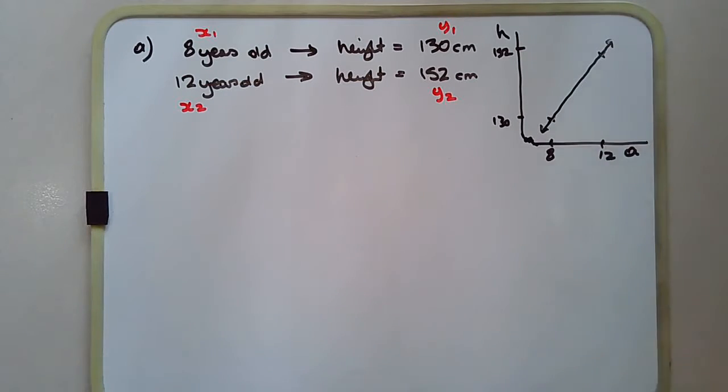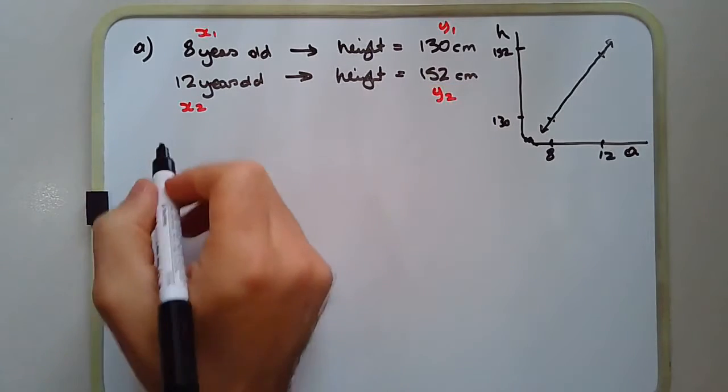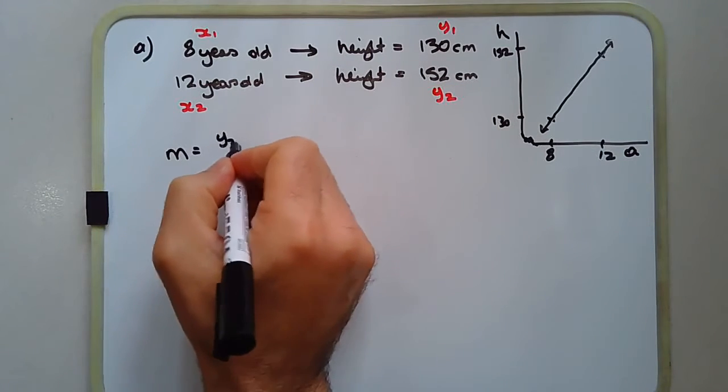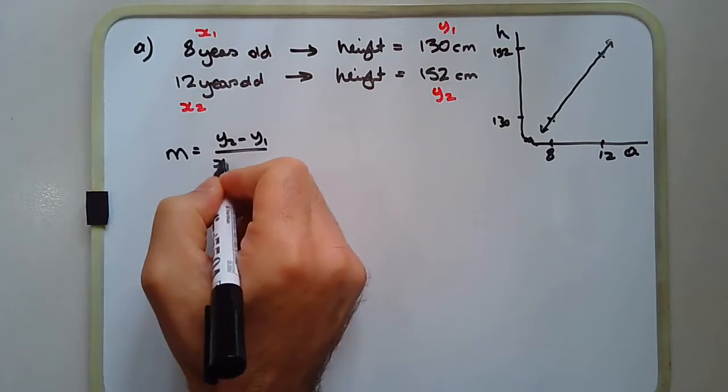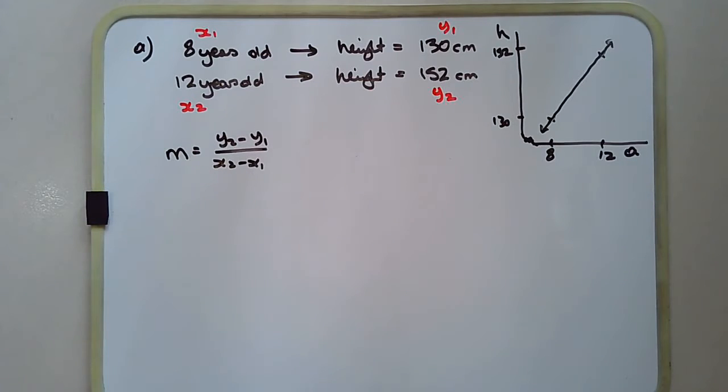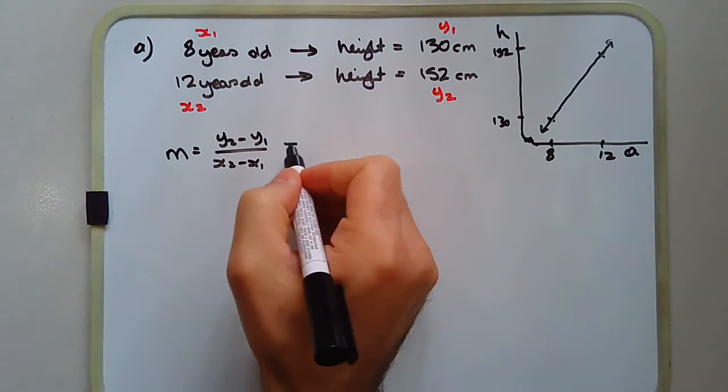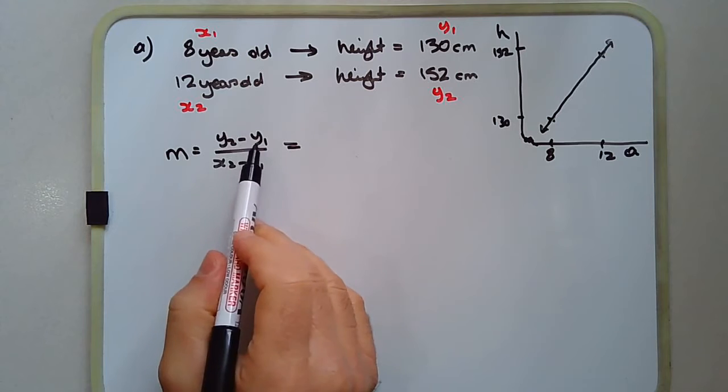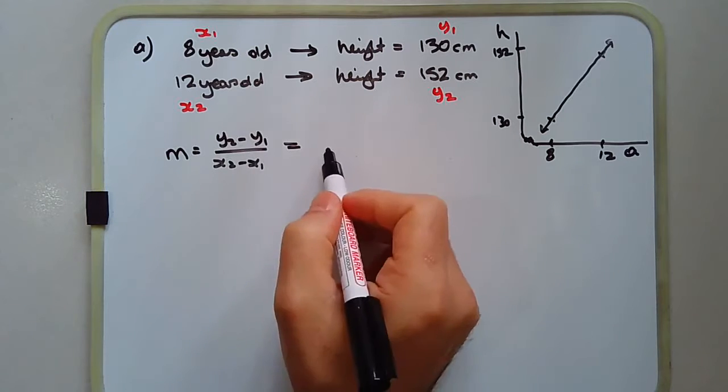It's a positive gradient, we can see that. All right, let's use the two-point formula. M is equal to y2 minus y1 over x2 minus x1. In other words, the difference in the y values over the difference in the x values.